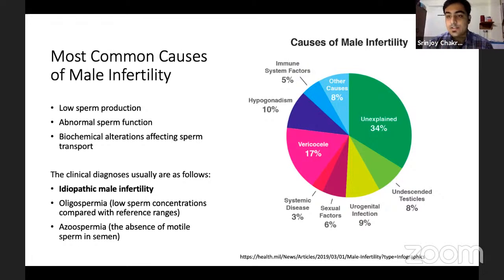The clinical diagnoses are either idiopathic male infertility, oligospermia, which is low sperm concentration, or azoospermia, which is the absence of motile sperm cells. We are mostly focused on idiopathic male infertility and also studying azoospermia, or the absence of motile cells.